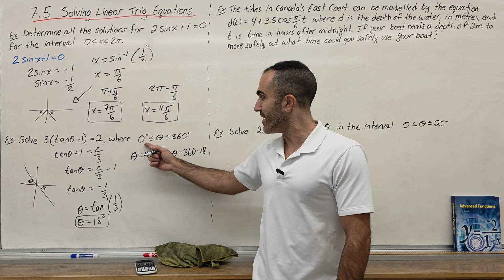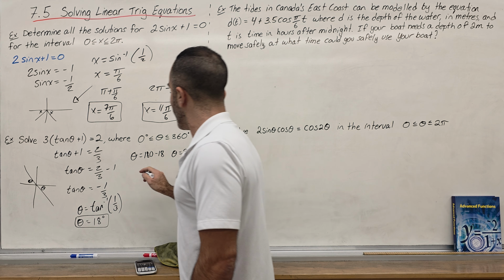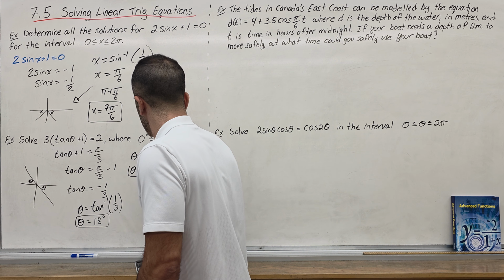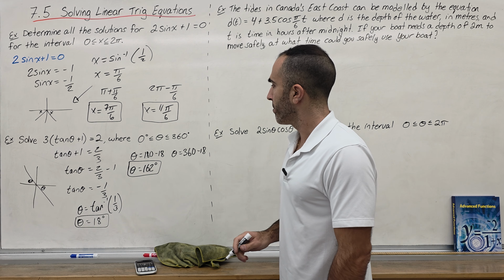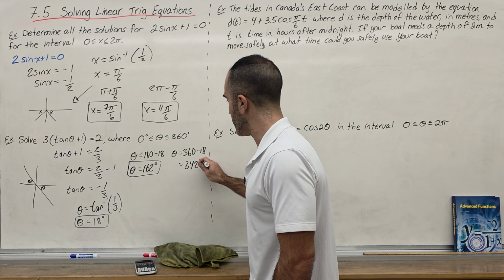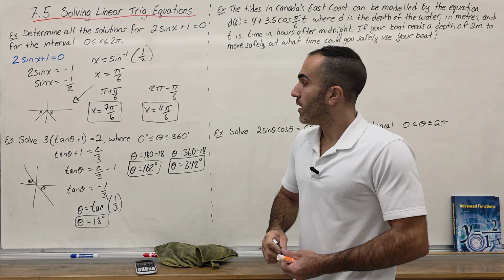The question range is in degrees, so I have to give my answers in degrees. 180 minus 18 is 162. 162 degrees is one of my answers. 360 minus 18 is 342. And 342 degrees is my second answer.